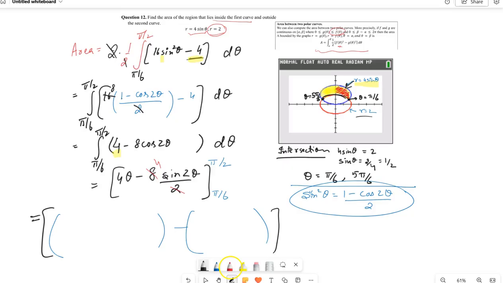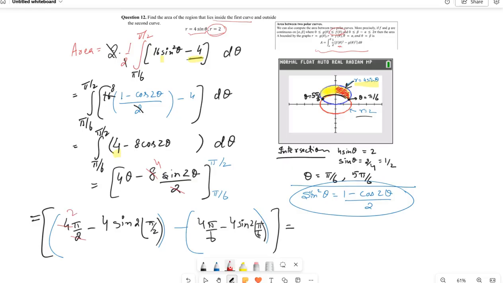Okay, so let's try that. 4 times pi by 2 minus 4 sine 2 times pi by 2, minus 4 times pi by 6 minus 4 sine 2 times pi by 6.